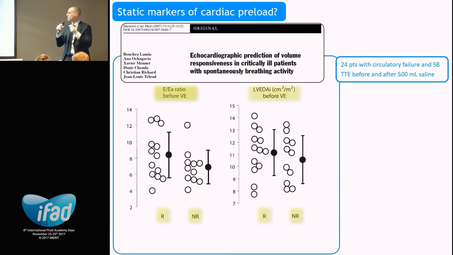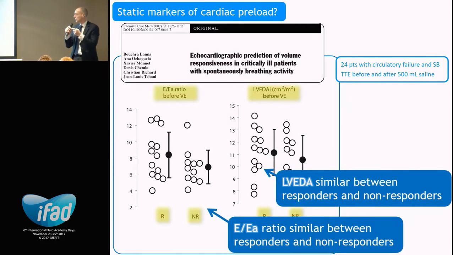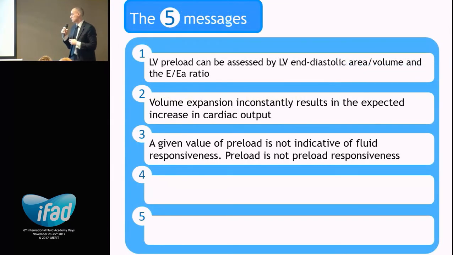For instance, in this one, you see that there is no difference between responders and non-responders to fluid administration in terms of E/E prime or LV end-diastolic dimension. You cannot use the E/E prime ratio to know whether your patient is going to respond to fluid administration. Again, it comes from very basic physiology.